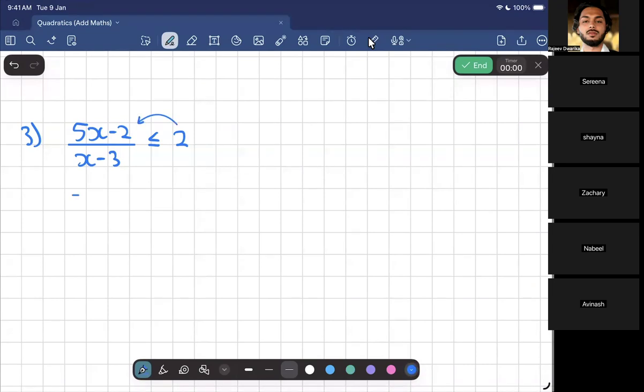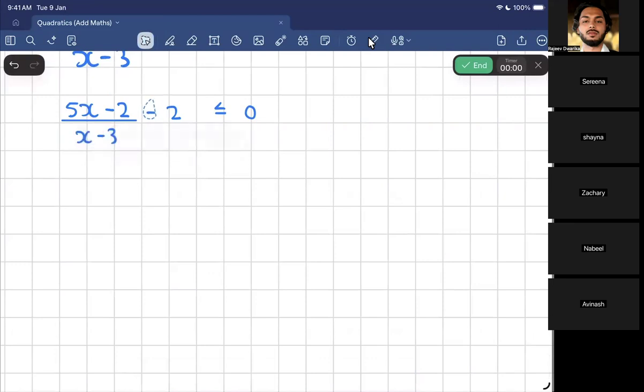So I noticed the sign mistake already. Yeah, change it to more than or equal to. Right. So (5x - 2)/(x - 3), the 2 is going to move across and turn into minus 2. Less than or equal to what? 0. Right.